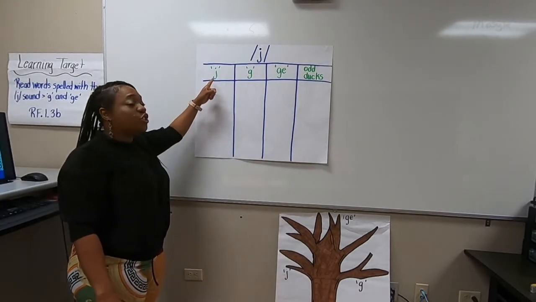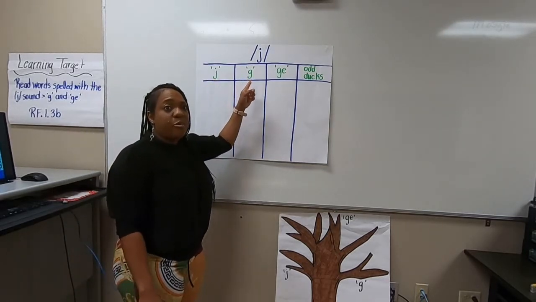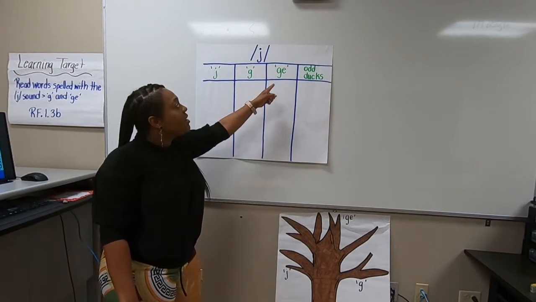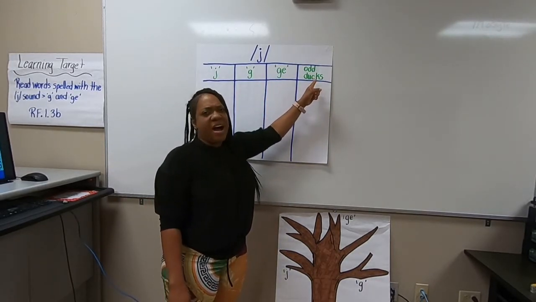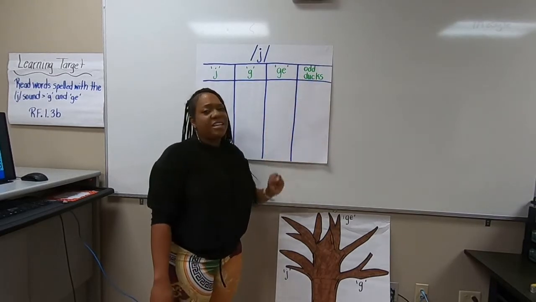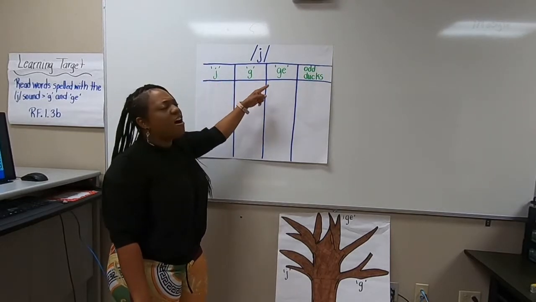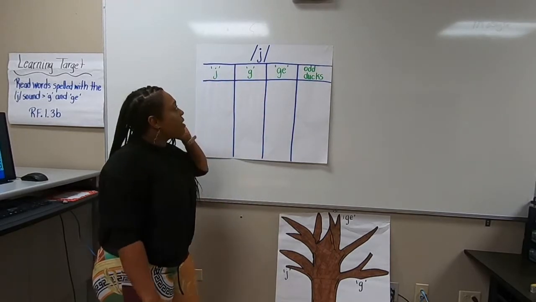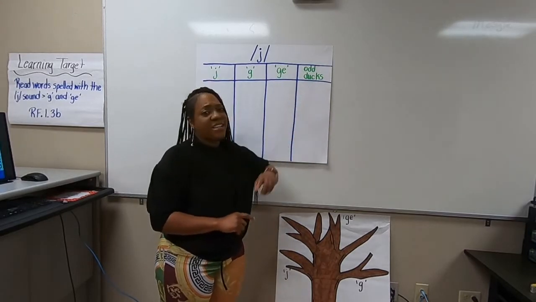I have the J, which says J, the G, which says J, GE, which says J, and then we have some odd ducks. Now, the odd ducks means that these words don't have any of these sounds. So we got to pay very close attention to see which words are odd ducks.